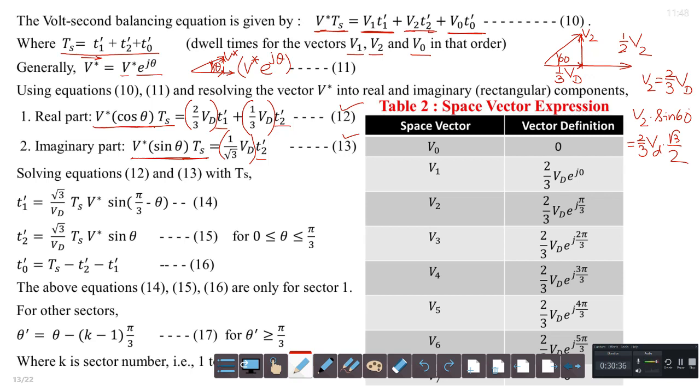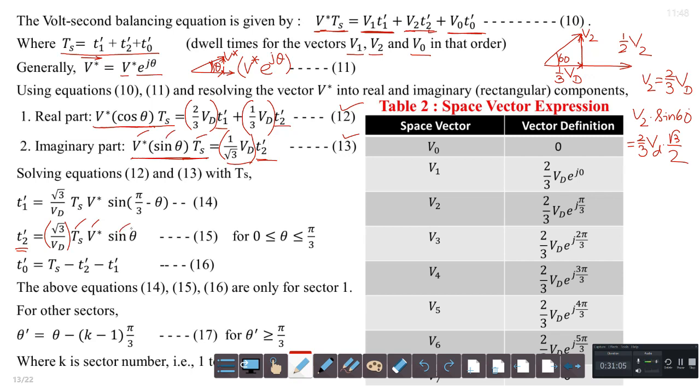Now, we solve equations 12 and 13. First, let us solve equation number 13. From equation number 13, we directly get T2 dash. We obtain T2 dash is root 3 by Vd, which is transferred to the other side into Ts into V star into sin theta.